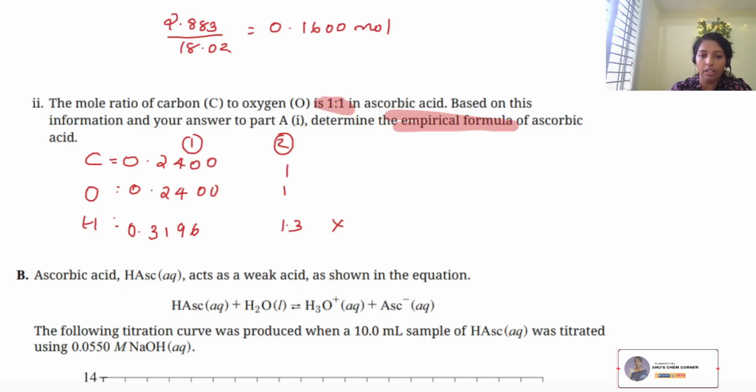So everything has to be multiplied by 3. So that's what we got. Here it is. So C3 and oxygen is also 3, and 1.3 times 3 is 4. So what is this empirical formula? C3H4O3. Clear? That is the thing.